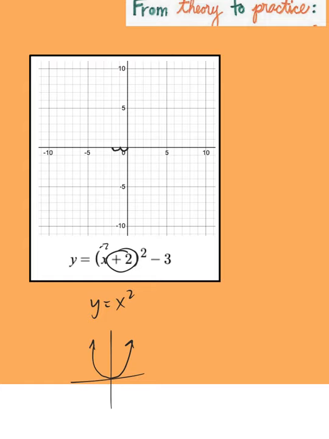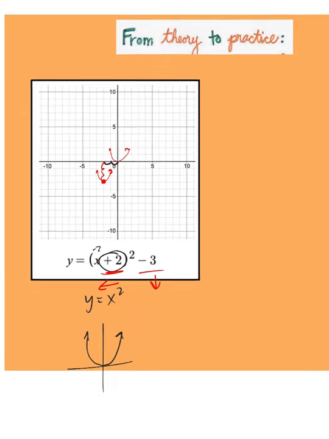But then I subtract 3 here. So I'm going to move this down 3 units. So what we expect to have happen is, rather than it being like this, we expect it to go like that from here now, because we moved it 2 to the left and 3 down through this translation.